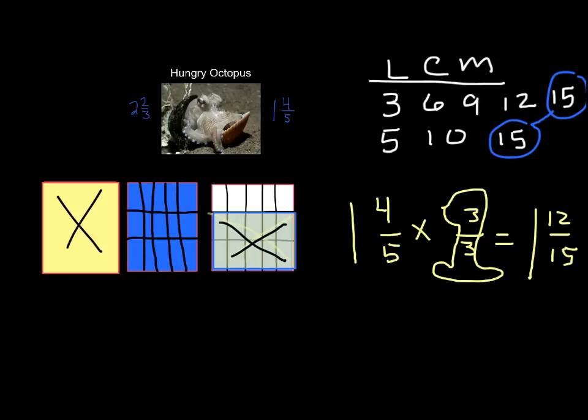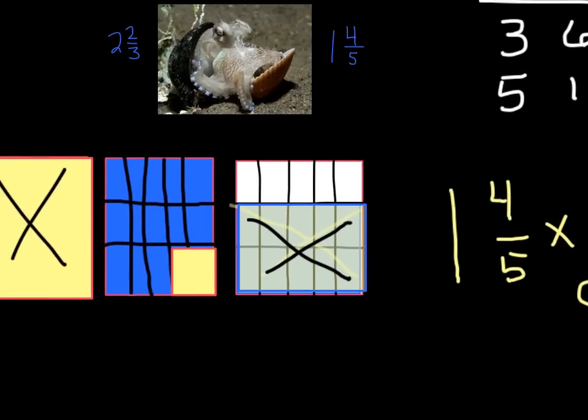So now I've already taken 10 away from here. 1, 2, 3, 4, 5, 6, 7, 8, 9, 10. I need 2 more here. So I'm going to just grab these 2 right here and get rid of those 2. And now I can count up the remainder here. And let's enlarge this so I can do that.